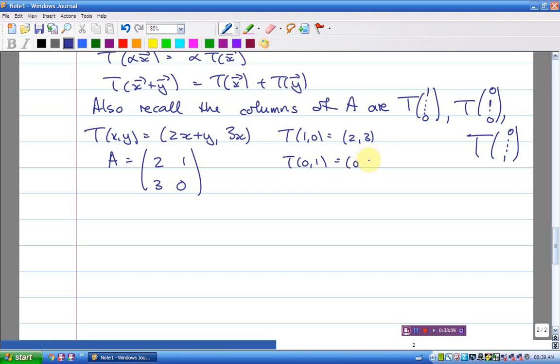Yes, I was confusing myself: x is 0 and y is 1. So there's a simple little linear transformation written in function form. If you apply that function to the two vectors (1, 0) and (0, 1), you'll get out the vectors (2, 3) and (1, 0), and those are the columns of the matrix it represents.